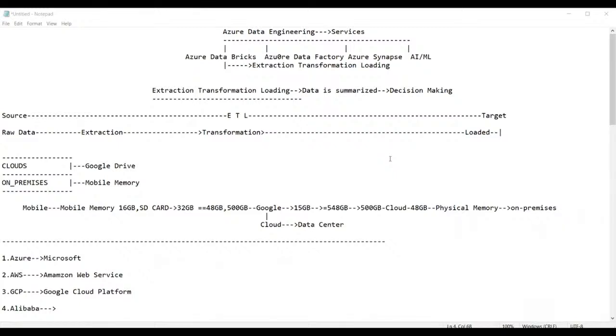It is asking for a credit card number. Yes, credit card, obviously, for the free subscription. It will charge some 2 rupees from the credit card, and the free subscription will be valid for 30 days. After that you have to go for the pay as you go model, which is based on your usage only. It will not charge you more than 700 to 800 for an individual.